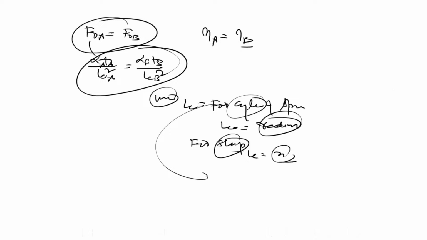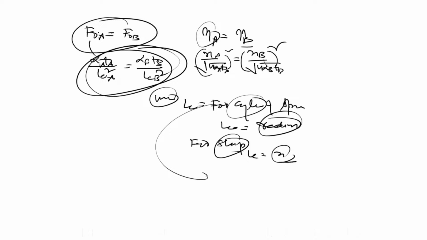Eta A equal to eta B. Eta A is nothing but X upon under root 4 alpha T, so XA upon 4 alpha A TA, XB upon 4 alpha B into TB. If you square this, then we get the same expression as the Fourier number. So the simple thing is that in such types of problems, you should directly equate the Fourier number. Clear to you?